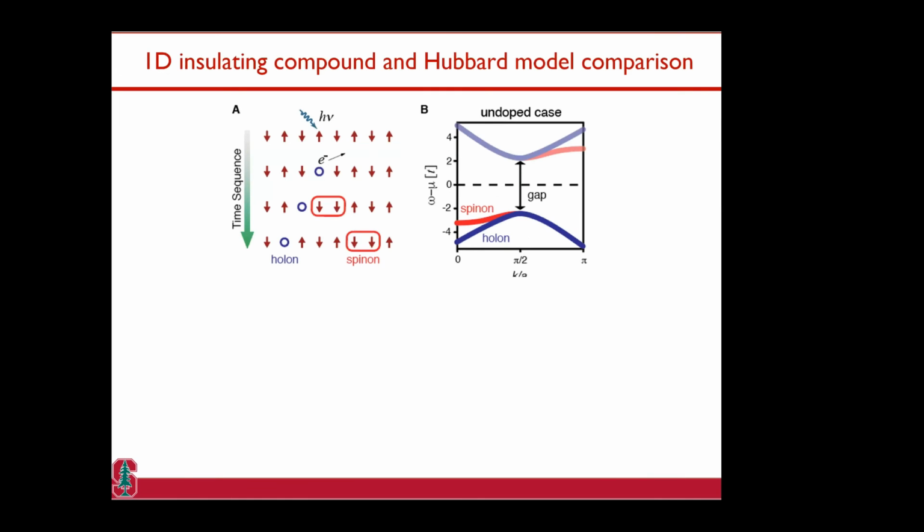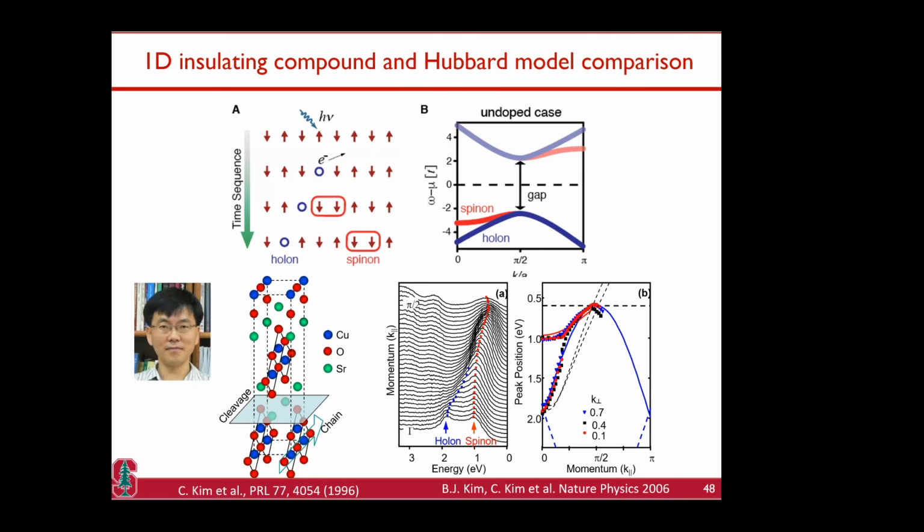We tried to work on the 1D problem for a long time. In early days, we did study the 1D system, but with the insulating compound, because that's the only single crystal available. And for this community, of course, the 1D physics of spin-charge separation is well known.